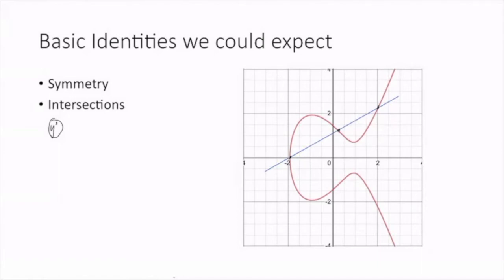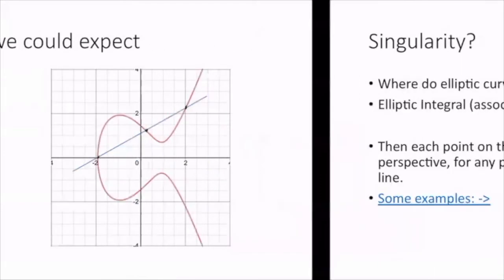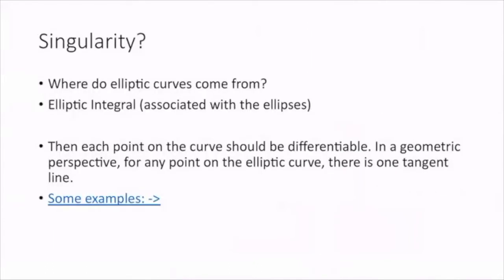The next concept that I am going to talk about is singularity. So the first thing that we might be interested to know is, where do elliptic curves come from? They come from the elliptic integral, which is associated with ellipses. If you would like to know more, you could definitely look it up.